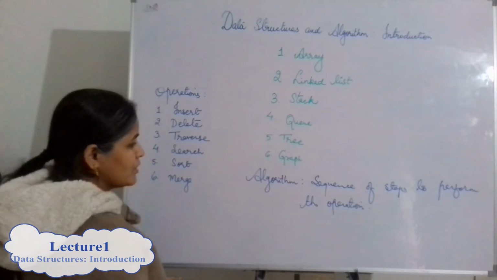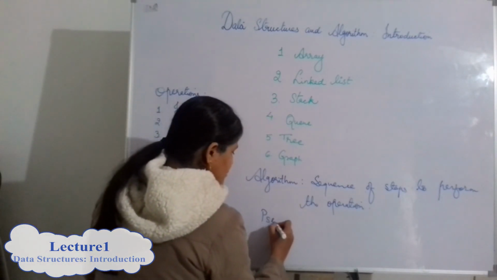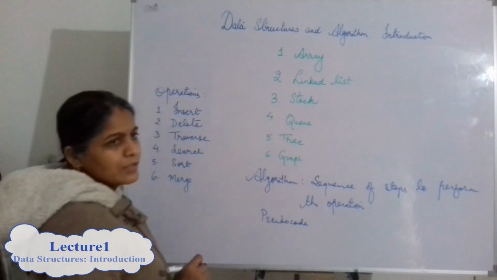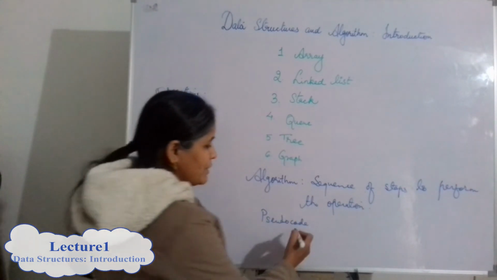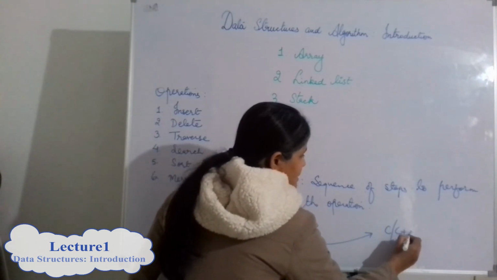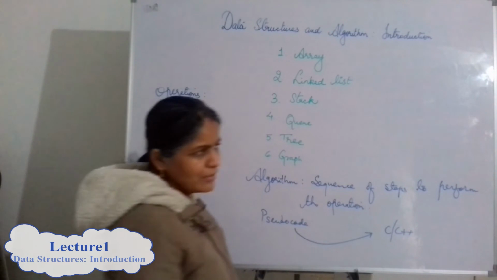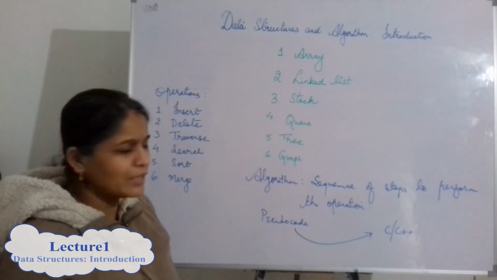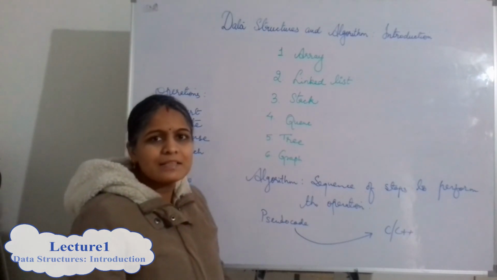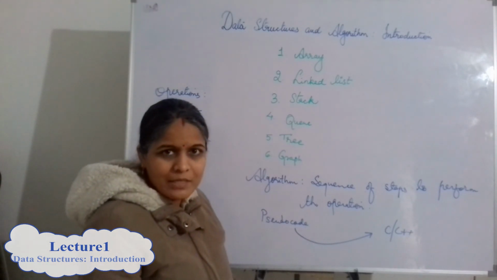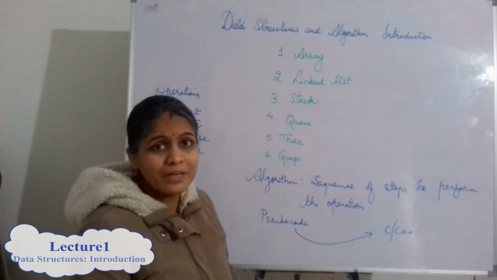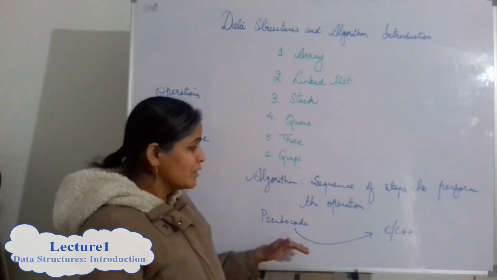Okay, algorithm is always written in pseudo code. Okay, this algorithm can be translated into C or C++ or Java or in any other programming language. Okay. So we'll just write the algorithm and we'll discuss in detail what is the space complexity of the algorithm, what is the time complexity of algorithm, how it is calculated, and okay.